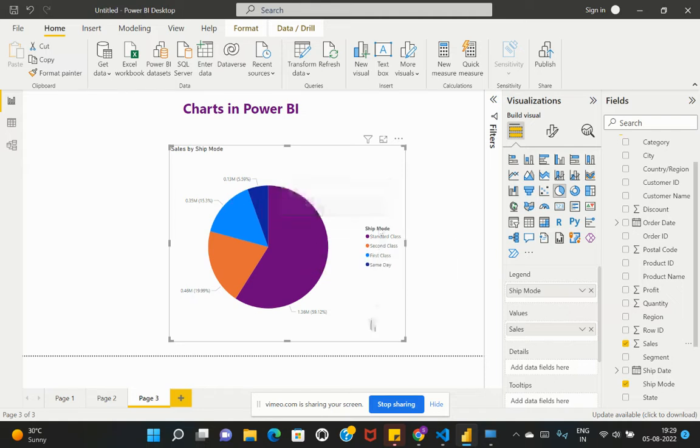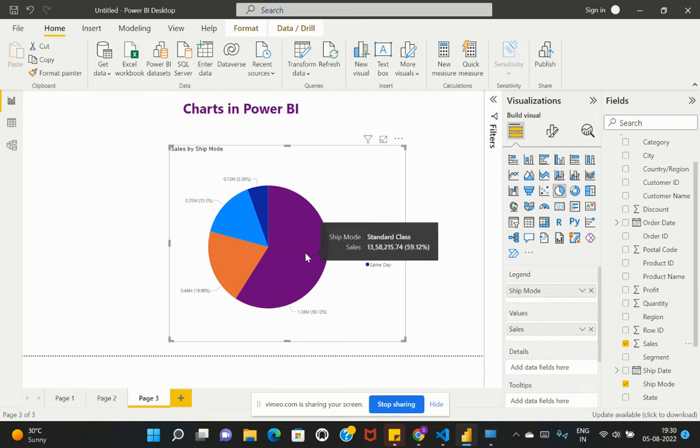So in this specific example, we have taken the category as the ship mode. So ship mode has got four different values within that field, and therefore for every value it is giving us an understanding of what is the individual contribution of that particular value with respect to the total 100%, right?